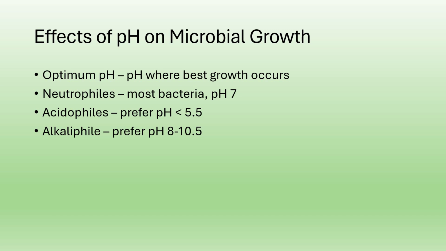Now you can use pH to help optimize your growth a little bit. What I mean by that is something fairly common in a microbiology lab. If you're working with bacteria, usually you're going to be working around pH 7. Fungi prefer a more acidic pH.